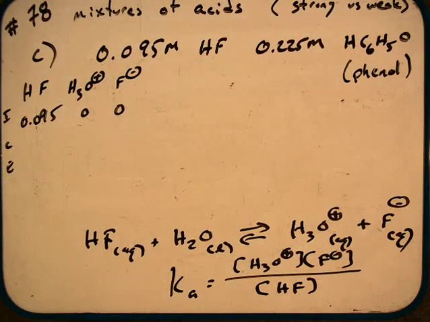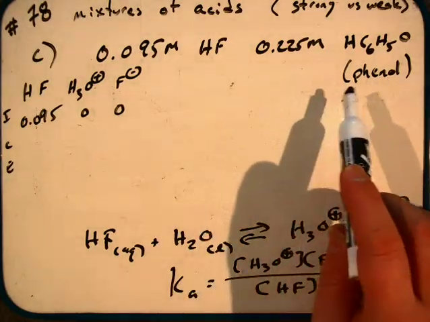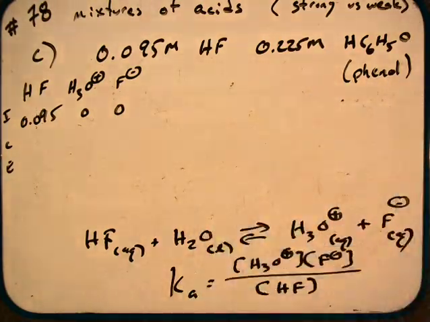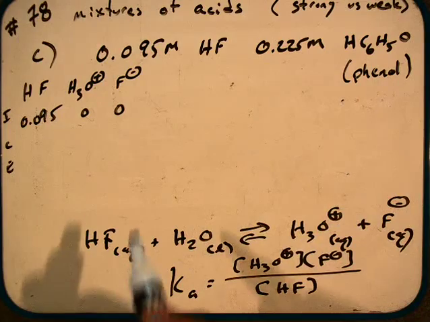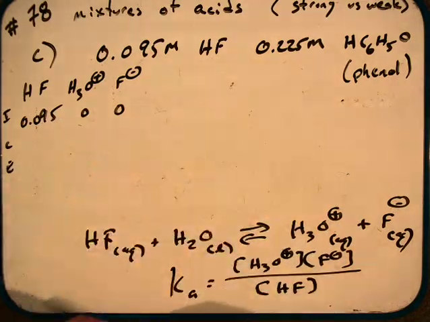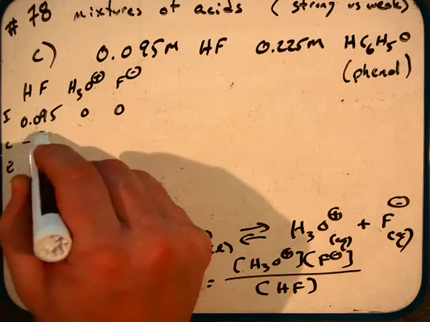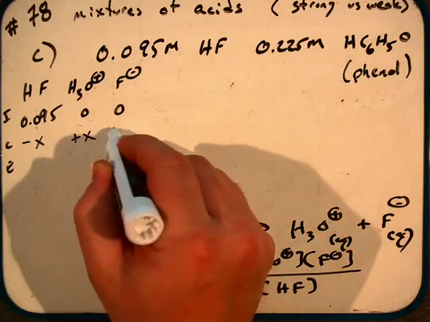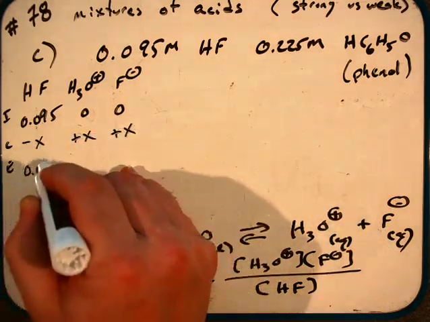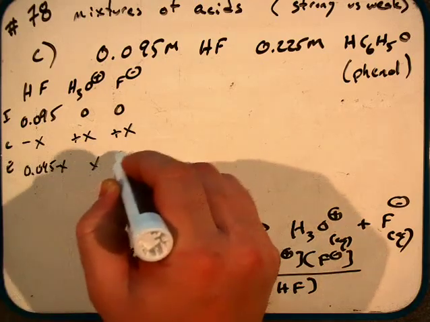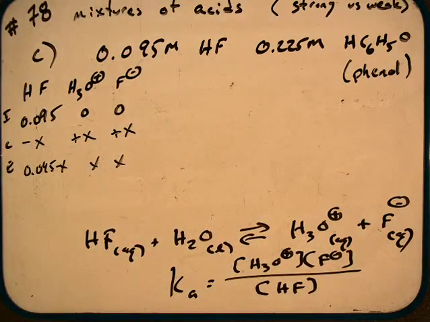We have 0.095 molar HF. Again, even though the concentration of phenol is greater, we don't care because of the very, very small Ka. We have no concentration of our products. That tells us our change is going towards our products. And so that is our ICE table.